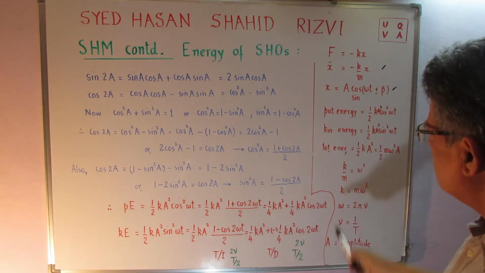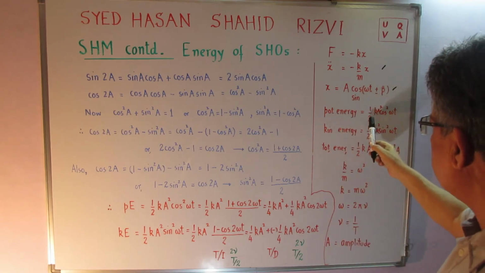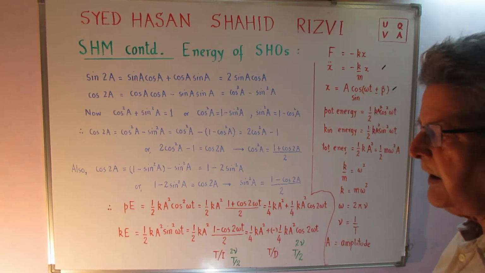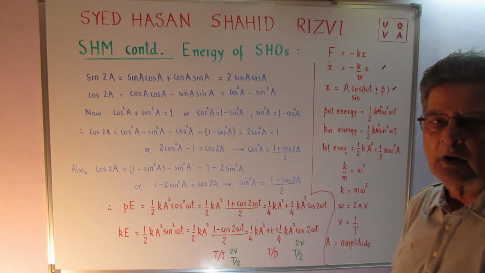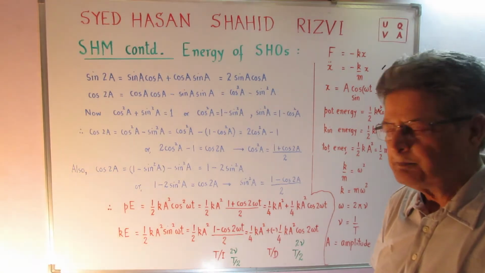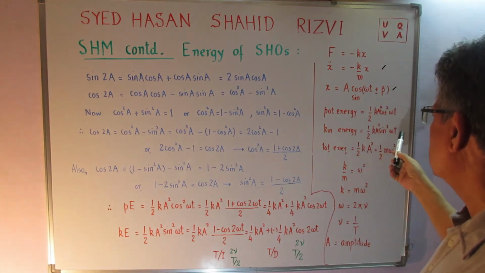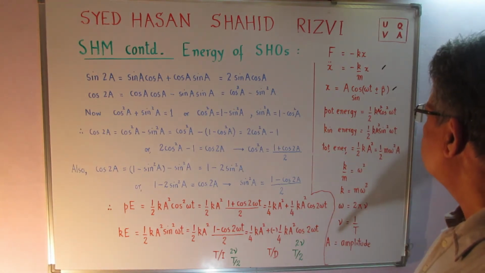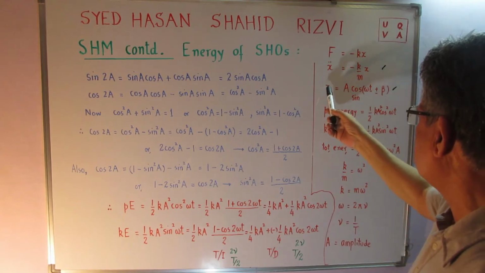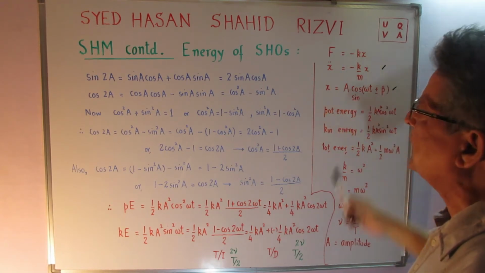So the potential energy we found was equal to half K A square cos square of omega t, and the kinetic energy we found as half K A square sine square of omega t, and of course I took the equation as x is equal to a cos of omega t.